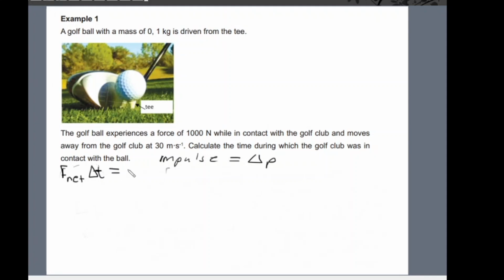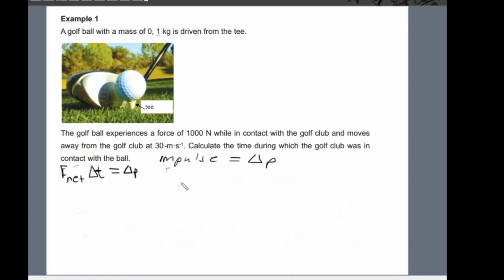So F net times delta t is equal to change in momentum. We are given the net force, and we are given the mass of the object and the final velocity, so we can calculate change in momentum.